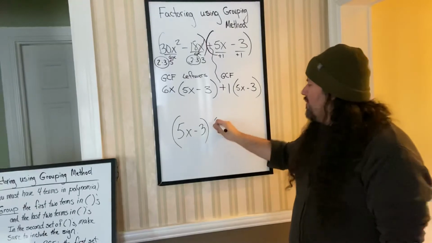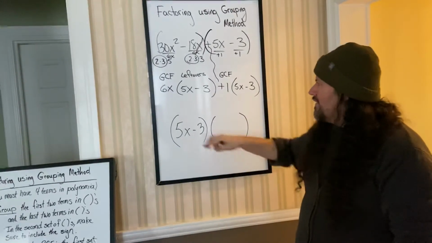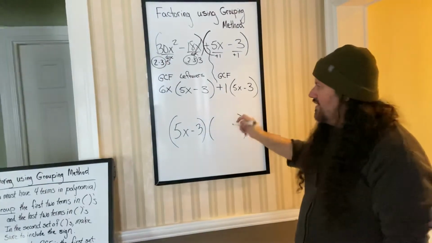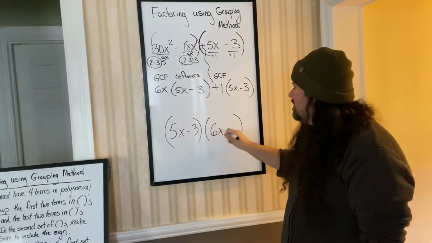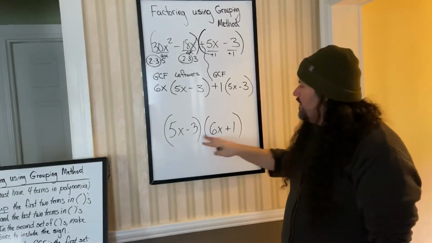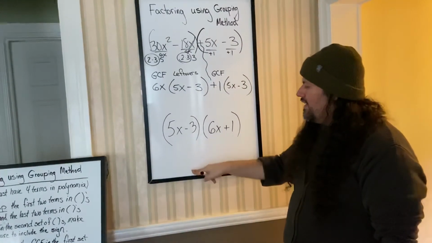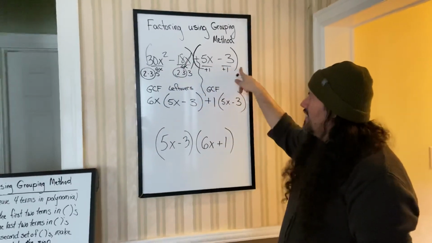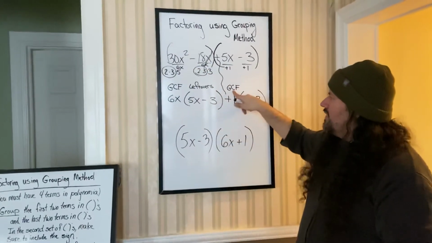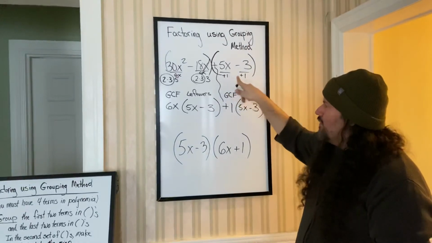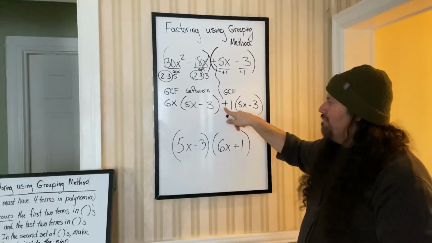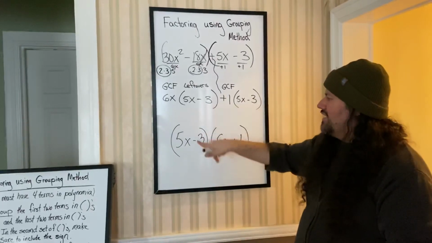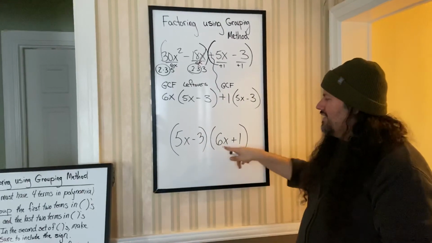And then the other set of parentheses, which must be a binomial, would be the GCF I got here, and this understood GCF of +1. So 6x + 1. If you did a 2 by 2 square, you would get this original answer. So anytime you don't see a GCF, you went through A through D, call it a +1. Then you'll see that it'll still match, and you'll have a +1 to make this a binomial.